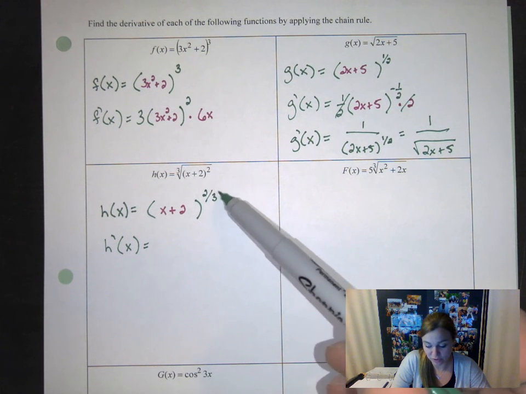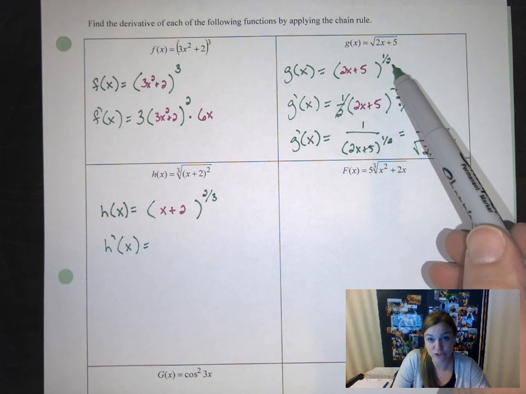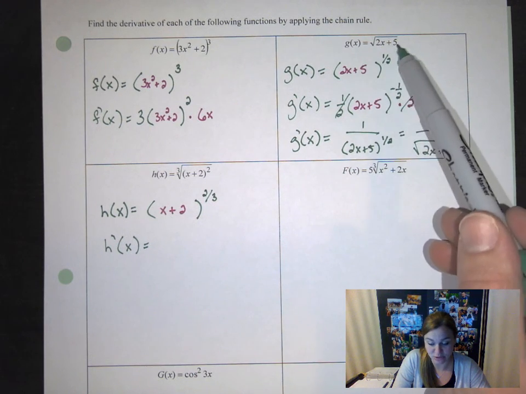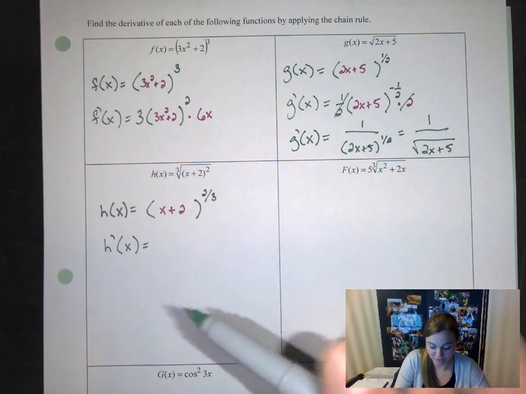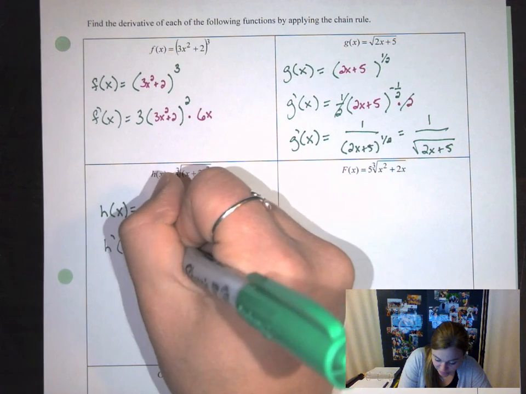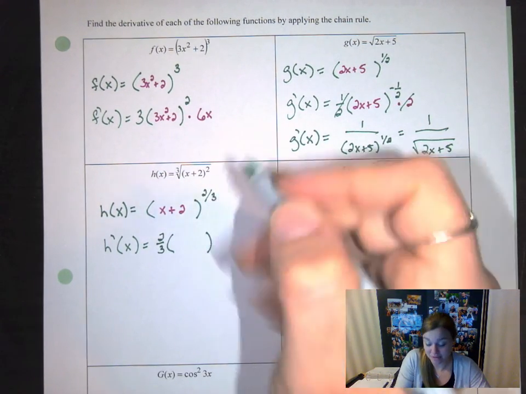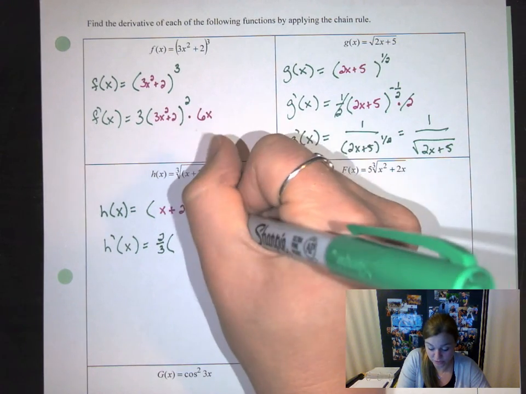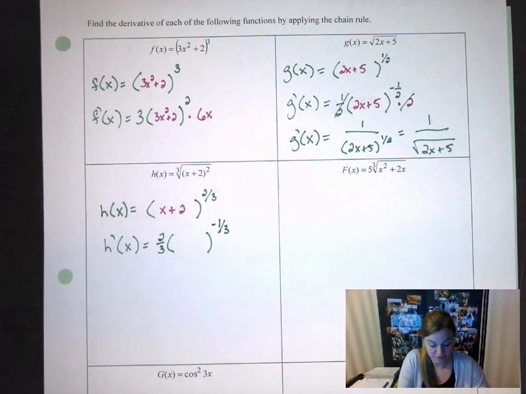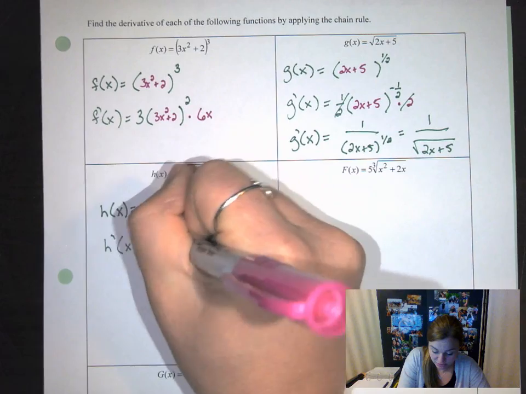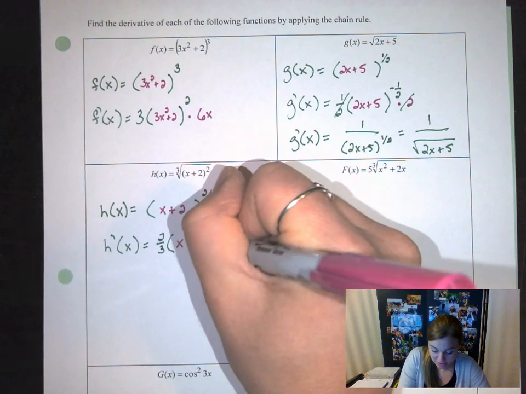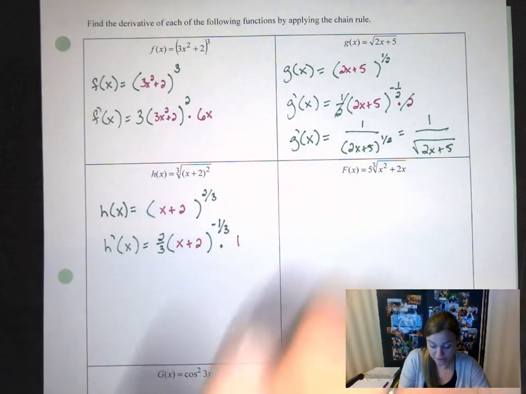So if you have like a square root, that's why this one was root 2, but it had an exponent of 1, because this is all raised to the first power. That's where this is coming from. So I'm going to take the derivative of the outside. 2/3 minus 1 would be 2/3 minus 3/3, which would be negative 1/3. Leave the inside alone, times the derivative of the inside, which is just 1.